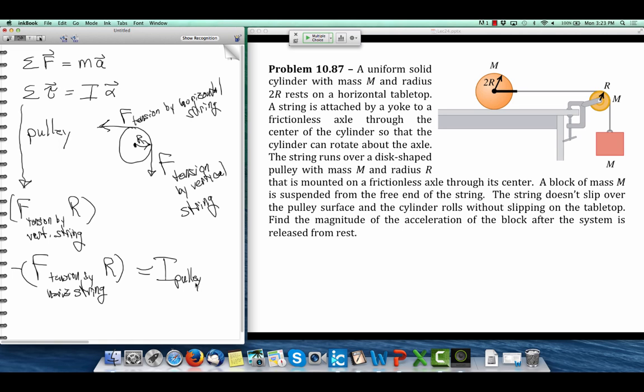And you don't exactly know how much of the friction force is at what part of the pulley. All you know is there's a tension force down here and a tension force on that side, and you don't know the details of what the pulley and string interaction really is.